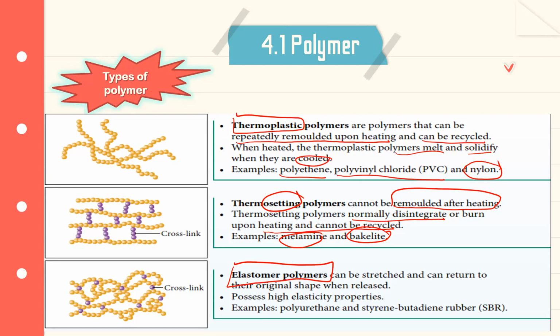Now, elastomer polymers. I want you to imagine your grandma's house. Have you all seen your grandma having an old telephone, the one with the wire that can stretch? Maybe your own house has it. Yes, the wire that is coiled.